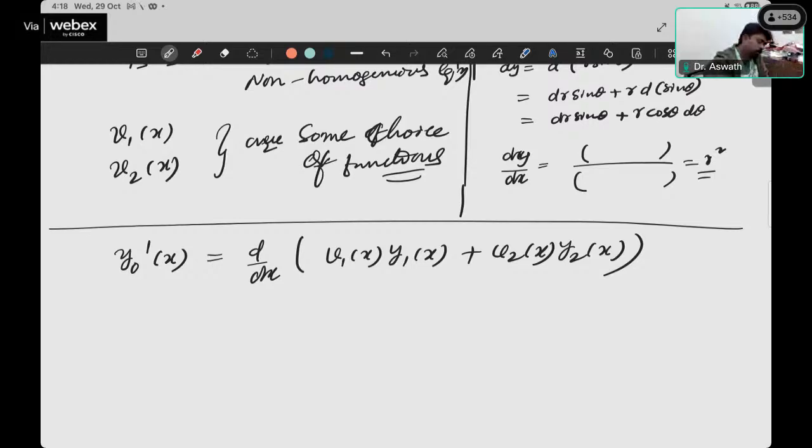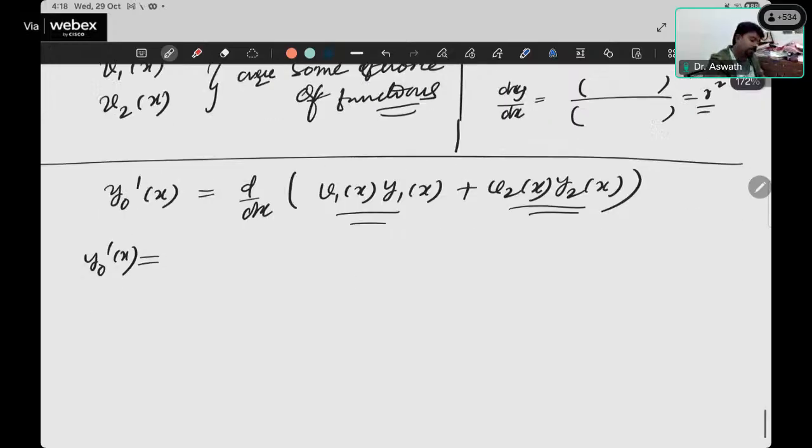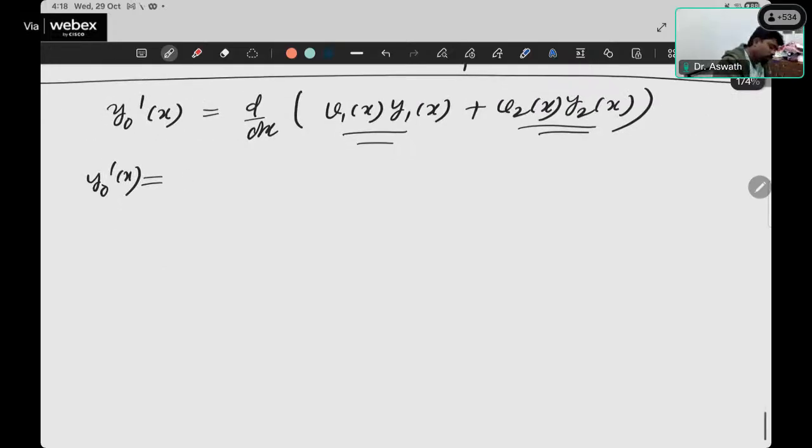Now derivative means there are two terms here, and there are two terms in the second case, so I'll get another extra two terms each. So y naught dash x is, carefully if you just see now, I'll write down v1(x) multiplied by y1(x).